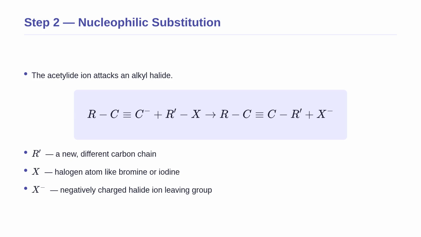The negatively charged acetylide ion acts as a nucleophile, meaning it aggressively seeks out the slightly positive carbon atom attached to the halogen. It crashes into that carbon and forms a brand new carbon-carbon bond. Simultaneously, the halogen atom is pushed off, taking its electrons to become a halide ion. If the physical size of the R' group increases, this reaction slows down due to blocking.